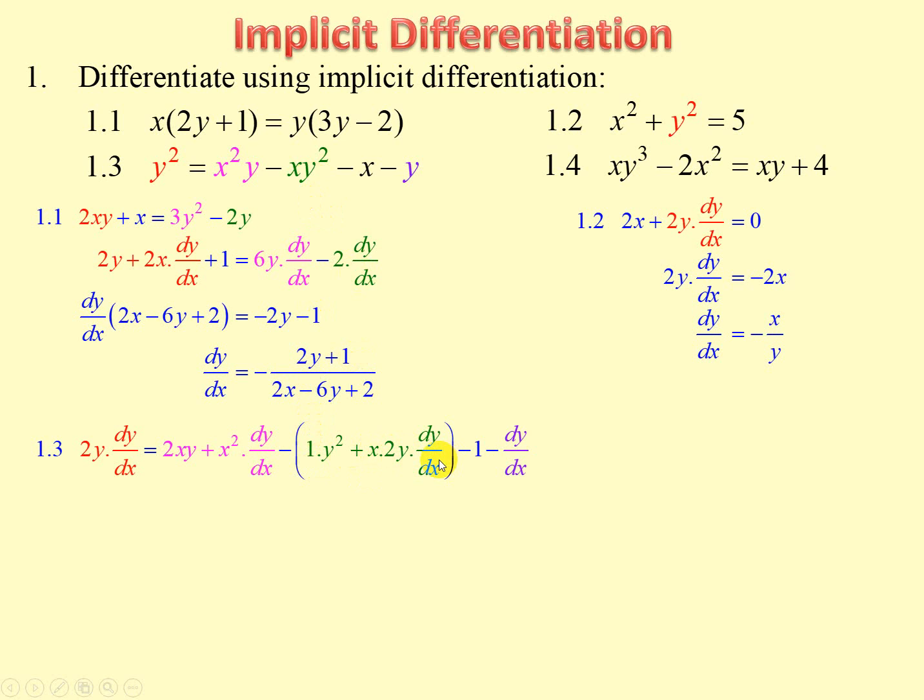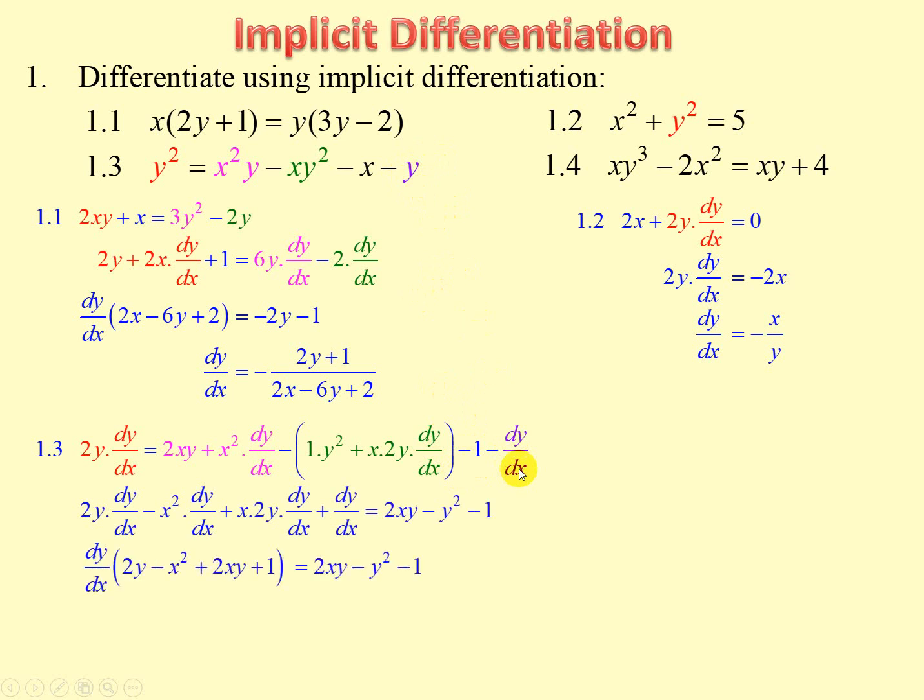And that's chain rule. And then minus 1 for the x and minus dy by dx for the minus y. Multiply out, collect dy by dx terms, take out the common factor, and divide.